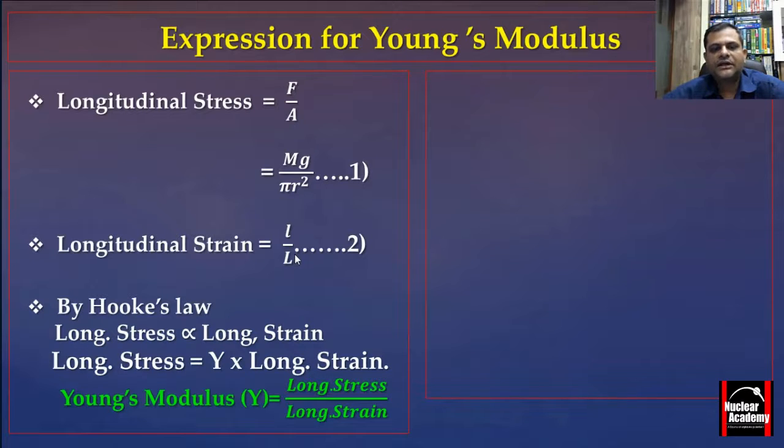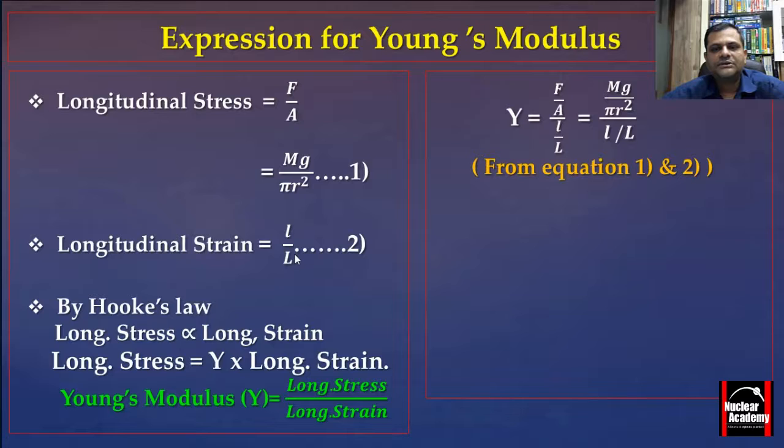Longitudinal strain, on the other hand, is defined as the change in length upon original length. And by Hooke's law, the longitudinal stress is proportional to the longitudinal strain. The constant of proportionality is called Y, which is Young's modulus. Therefore, Young's modulus is defined as longitudinal stress upon longitudinal strain.